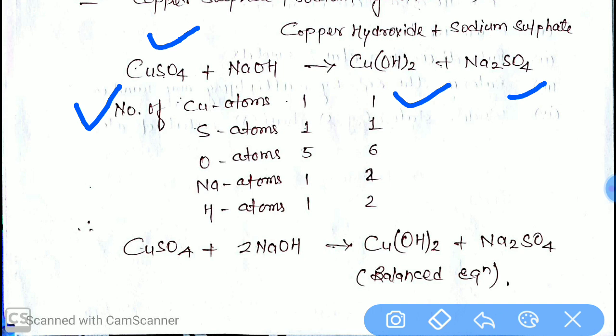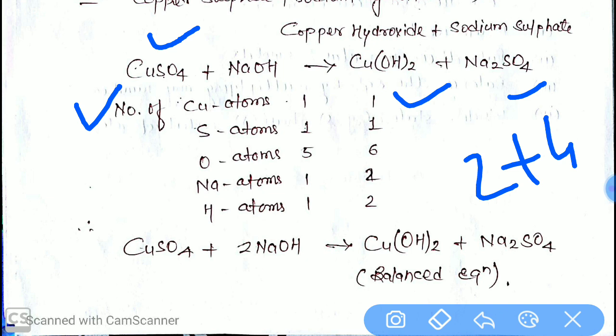So this is also balanced. Now look at oxygen atoms. On the left side there are 5 oxygen atoms, and on the right side there are 4 oxygen atoms. So this is unbalanced.